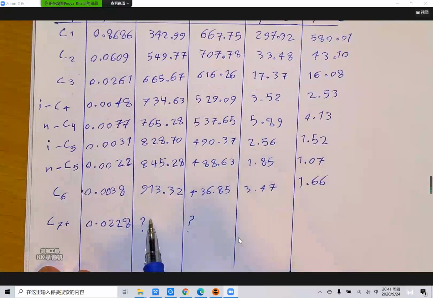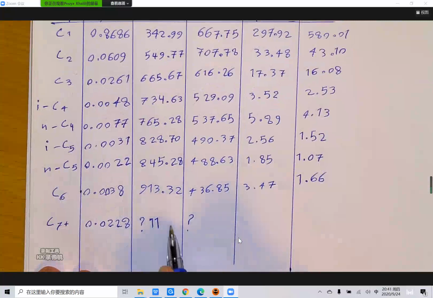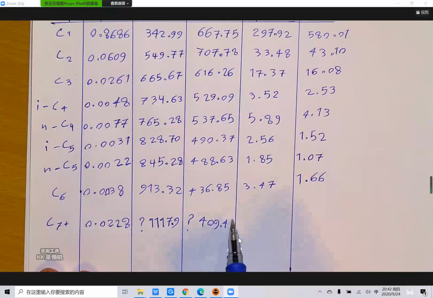The critical temperature is 0.9, and the critical pressure is, so multiplying by the mole fraction. Also.